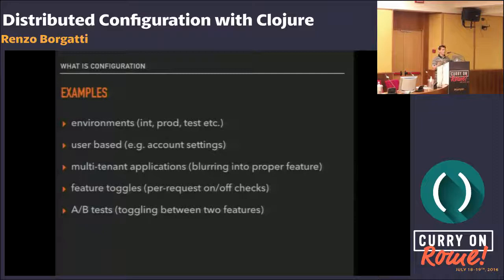Typical examples are the way you want your application to change behavior based on environment. If you're on local development, you want some specific configuration that is connecting locally maybe. If you are on integration, there's a different configuration and so on, until production where maybe your hosts, IPs, things like that are changing.